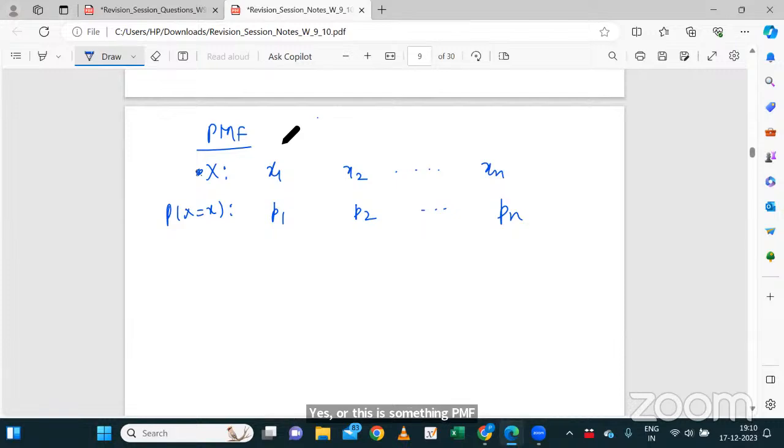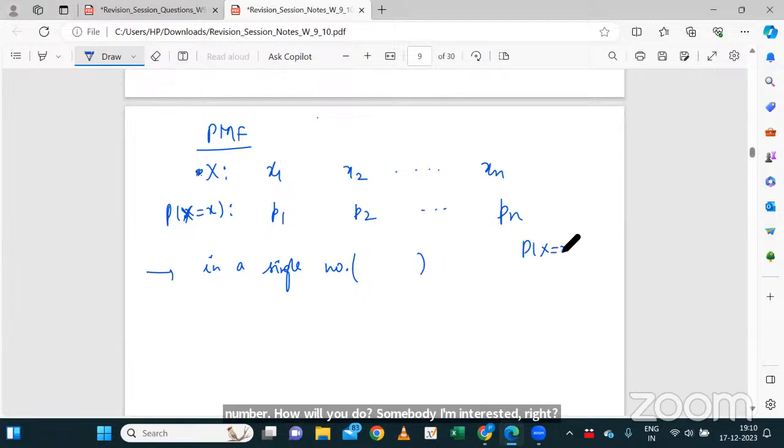Now suppose I ask you to give me the information about my random variable in a single number. How will you do it? You can't simply say the probability of x equal to x2 is p2; that's not the correct information.